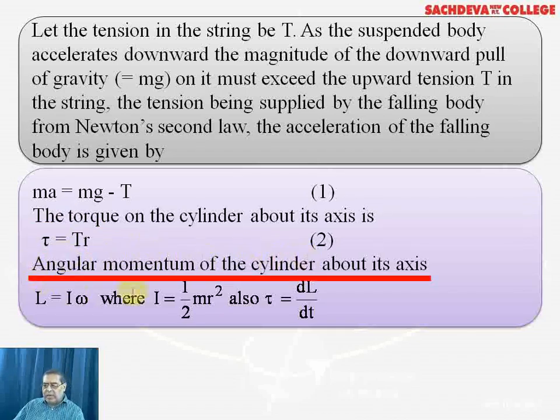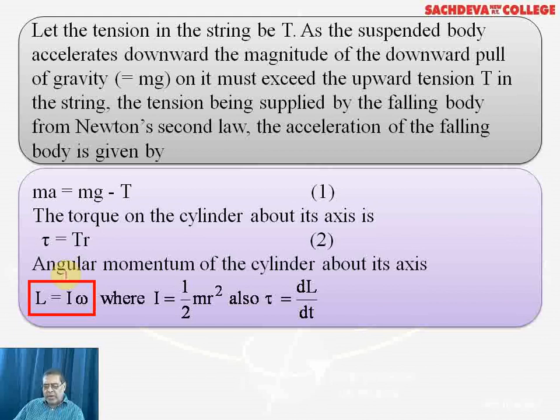Now the angular momentum of the cylinder about its axis. Angular momentum is always given by I omega, and omega can be replaced by v over R. So L is equal to I omega, and in the case of a cylinder, I is equal to half mr square. Also tau is equal to dL by dt as given earlier.